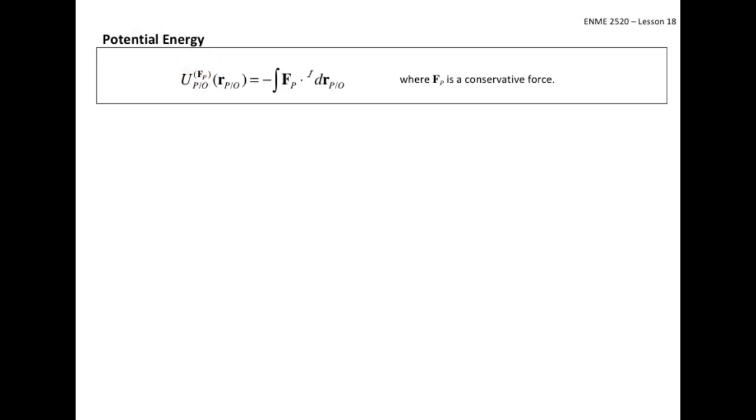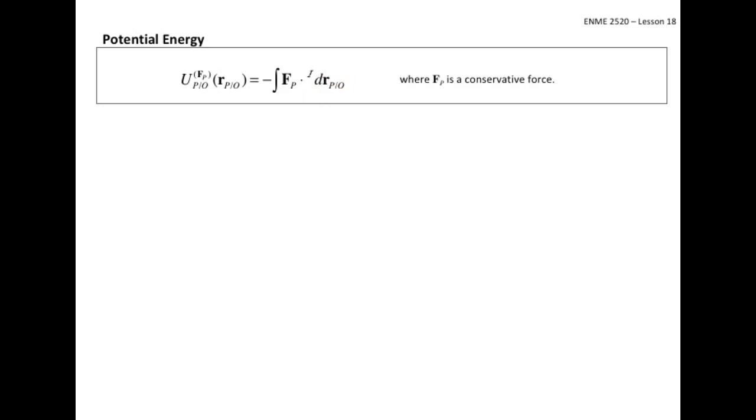If we're using potential energy, this F_P has to be a conservative force. It's this conservative force on the particle P, moving along this position vector r of P with respect to O. And we define this as the negative work that's done: the negative integral of this conservative force dotted with the differential position.